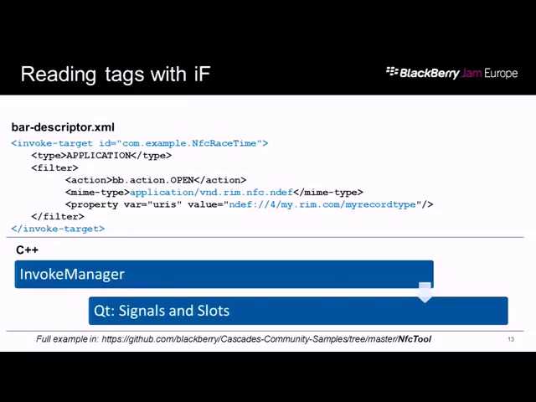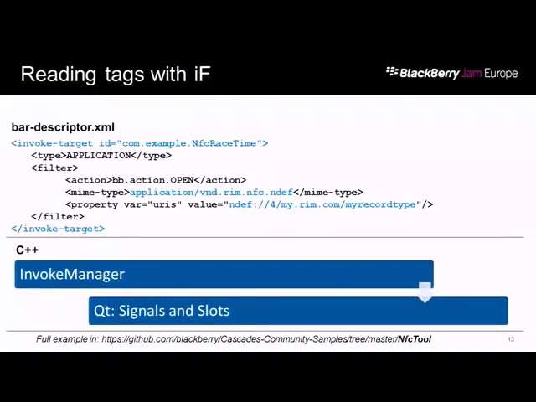We know how to do that. And in particular, because there are various types of tags out there, various types of content, we specify this a little bit more precisely by the property attribute here, the URIs attribute. This is basically a simple specification of a particular tag type that we're interested in.